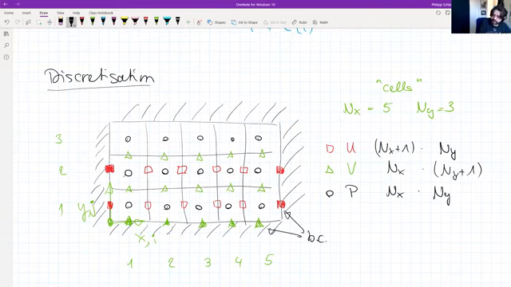That's part of the boundary condition. That means the filled squares and filled triangles are not actual degrees of freedom of the problem. So for u and v, instead of nx plus 1, it will actually be nx minus 1 degrees of freedom, and ny minus 1 degrees of freedom in v. The other points are actually boundary conditions.